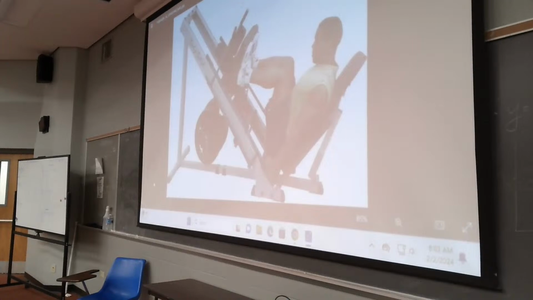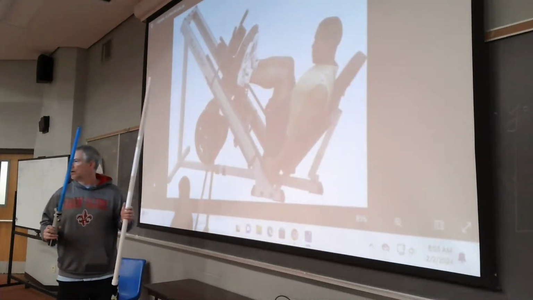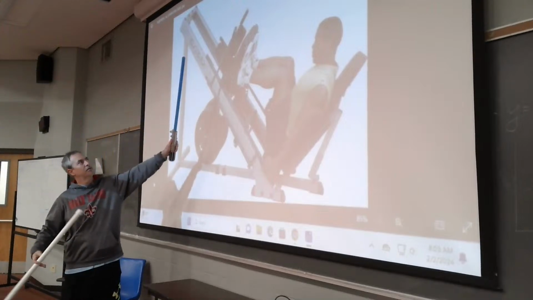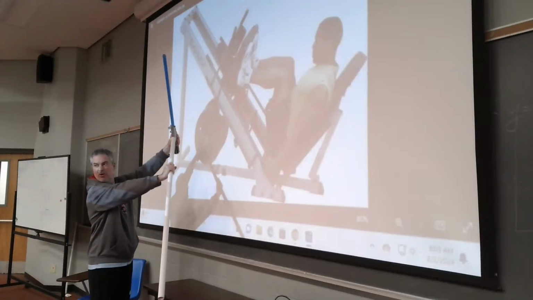Okay, let everybody have a second. Guys, if this is his foot and this is his shin in anatomical position, wouldn't it have kind of a right angle to it?